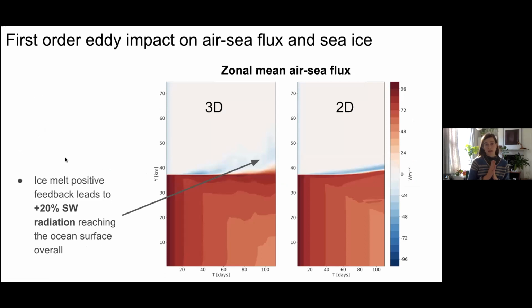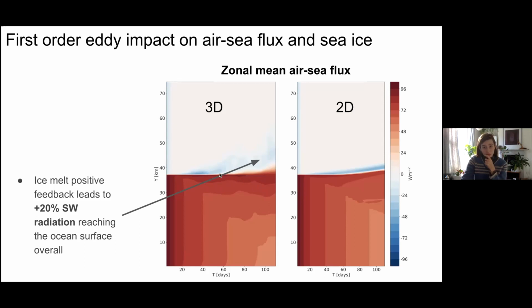So here, this is the Hovmöller plot. It's the zonal mean air sea heat flux against time on the x-axis. As we go further into the simulation, if we look in the southern region, warmer colors are maintained for longer in the 3D, meaning those air sea heat fluxes are maintained higher for longer where eddies are present.